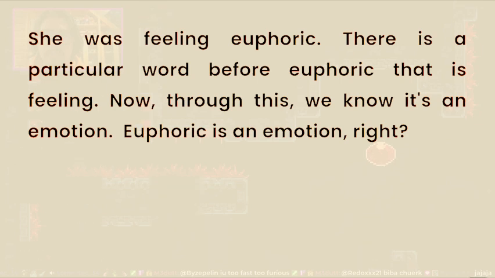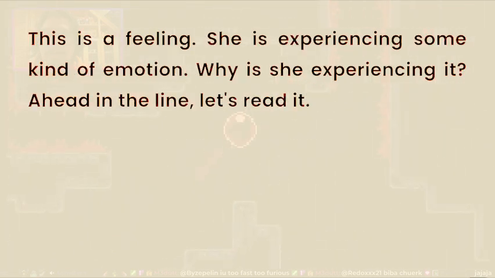She was feeling euphoric. There is a particular word before euphoric that is feeling. Now, through this, we know it's an emotion. Euphoric is an emotion, right? This is a feeling. She is experiencing some kind of emotion. Why is she experiencing it? Ahead in the line, let's read it.